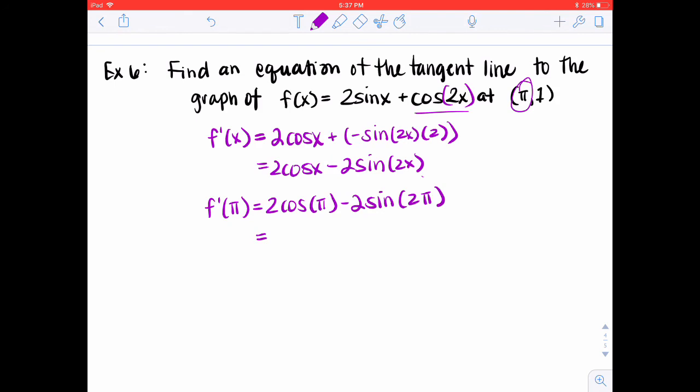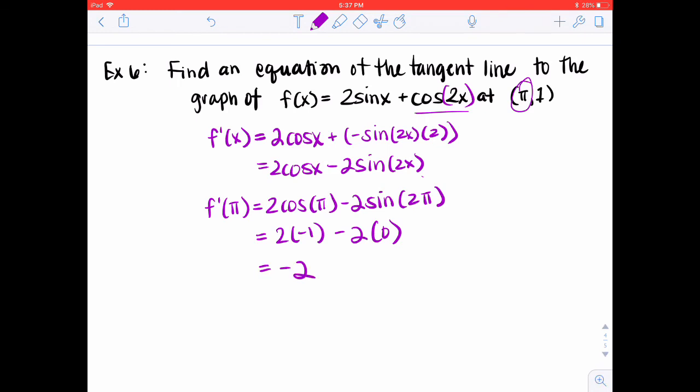So cosine pi is -1, so we have 2 times -1 minus 2 times, well, sine of 2 pi is also sine of 0, and sine of 0 is 0, so we have -2 for our slope.